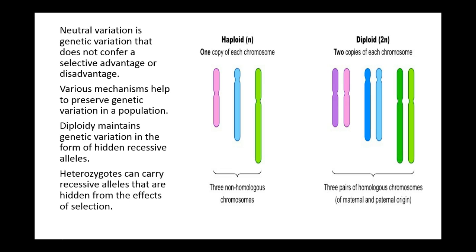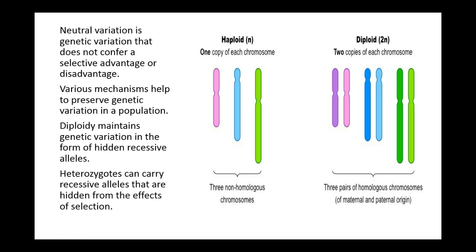Neutral variation is genetic variation that doesn't confer advantage or disadvantage. But there are mechanisms that preserve variation, and that's the fact that we have two chromosomes, so we're diploid.